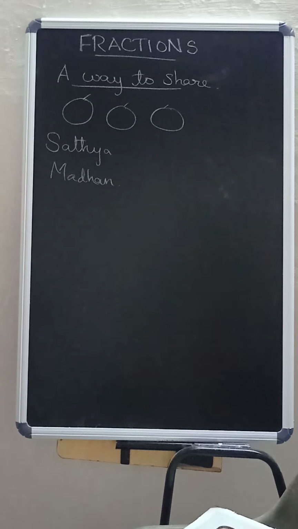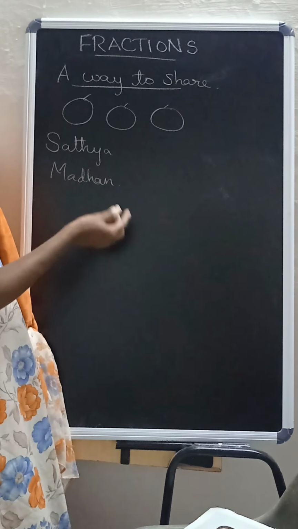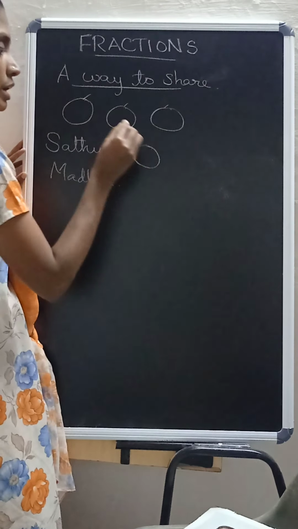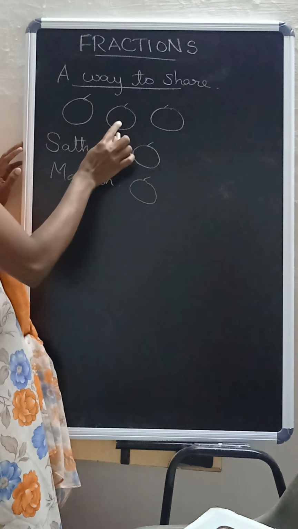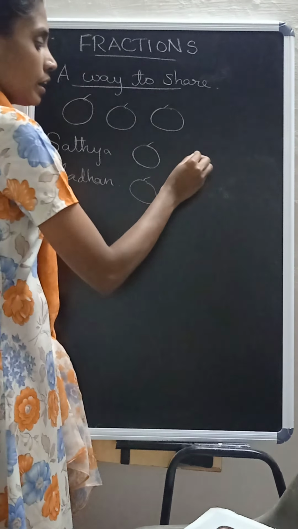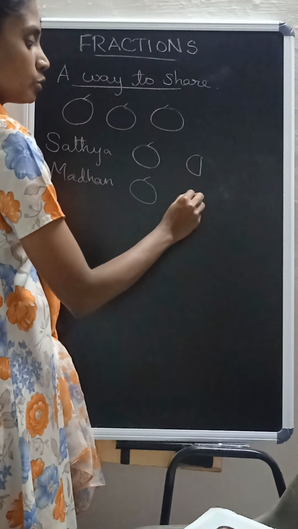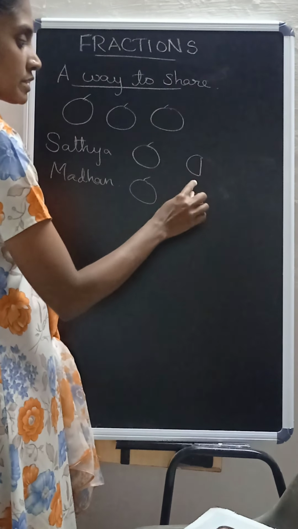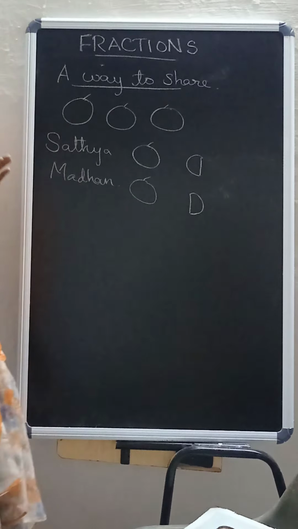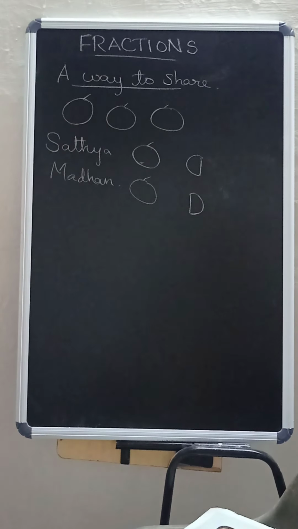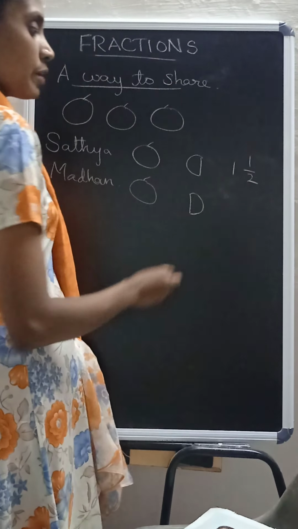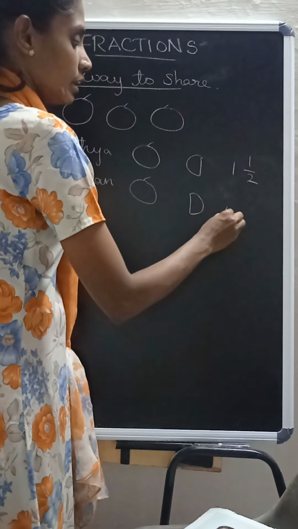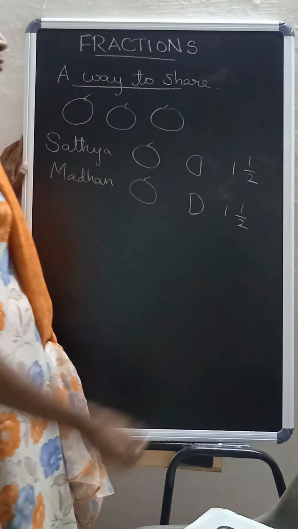Now Satya thought of a way. What she did is, she kept 1 guava with her and gave 1 guava to Madan, and took 1 guava and cut it into 2 halves, and 1 half she kept and 1 half she gave to Madan. So totally Satya got 1.5 parts of guava and Madan got 1.5 parts of guava.